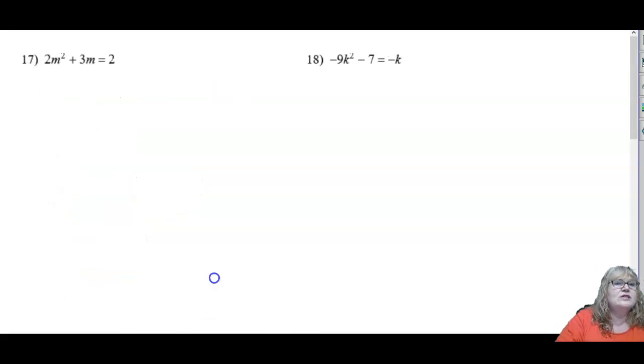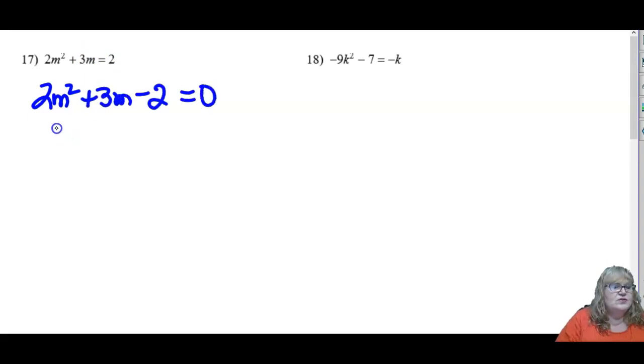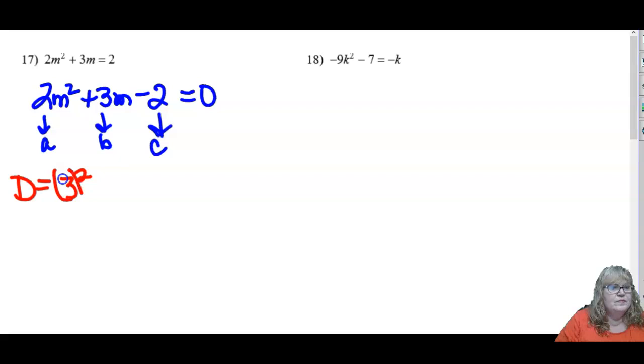All right, last question, I hope. Yes. We got to be real careful on this guy because it doesn't equal 0. They're trying to trick us. We got to subtract the 2 over so that we have A, B, and C. So the discriminant is b squared minus 4 times a times c would be 9.